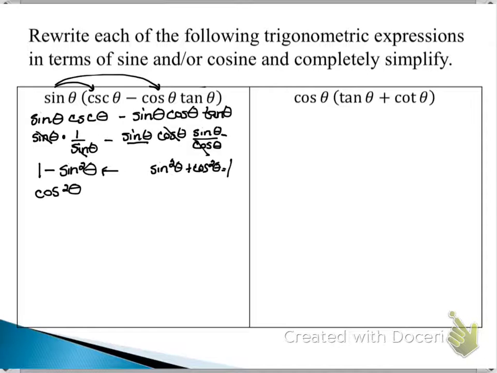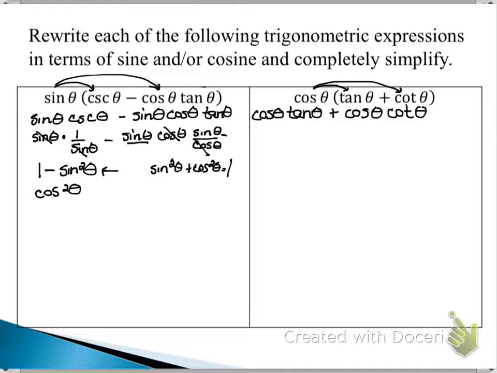All right, so on this next one, I'm going to go ahead and distribute right here. So now we've got cosine theta times tangent theta plus cosine theta times cotangent theta.